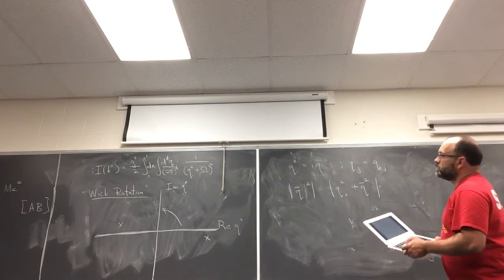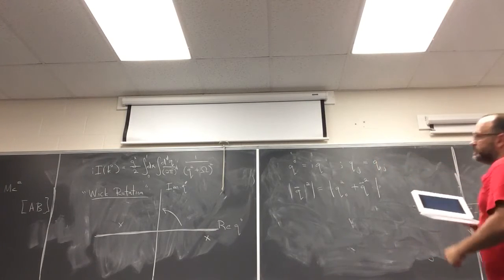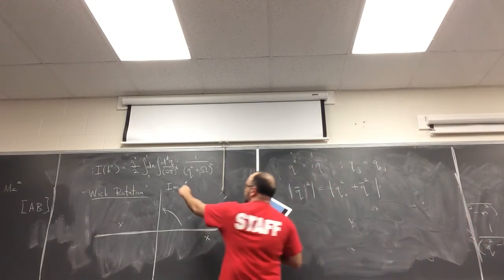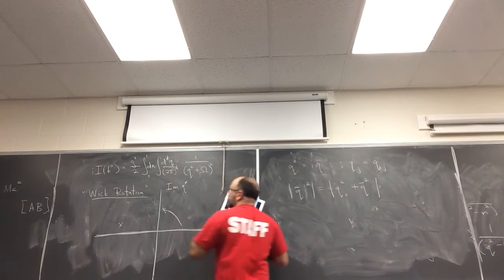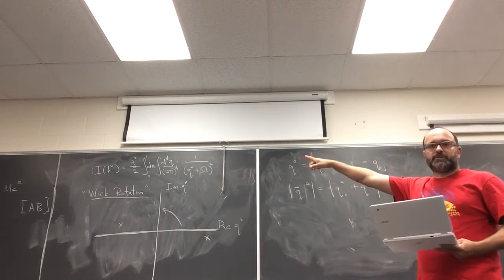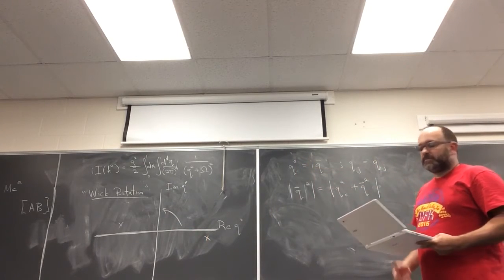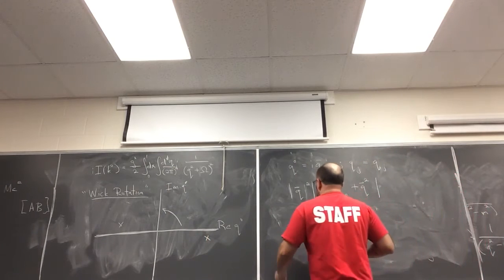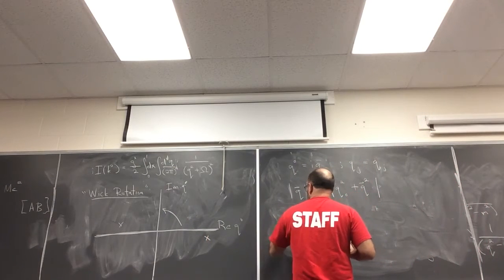All right. So up there we have a d-dimensional integral, right? And one of these is Q naught, so when we do the Wick rotation, we're going to pick up an extra factor of i from the integration element. Right? So at this point, let's write down where we are.